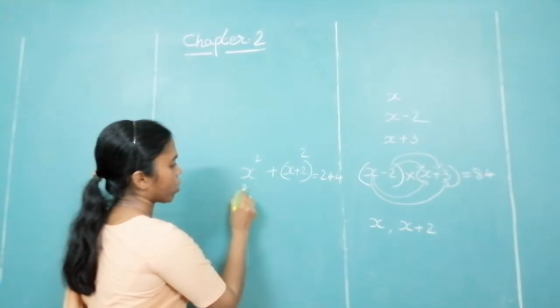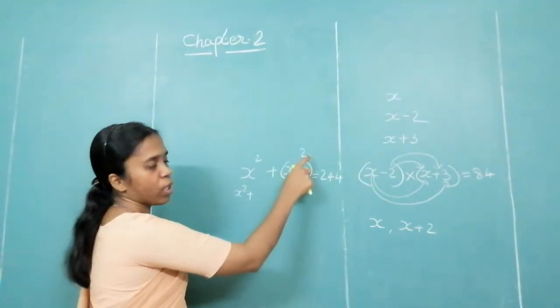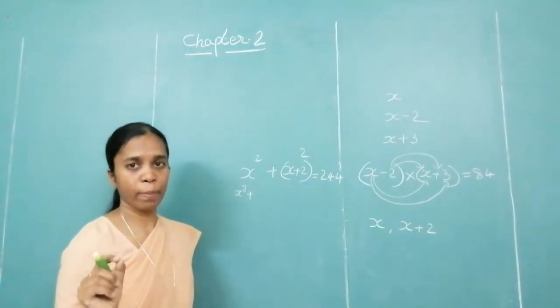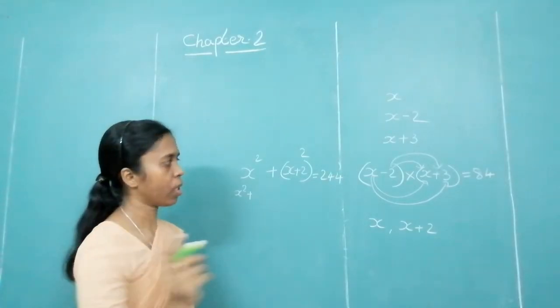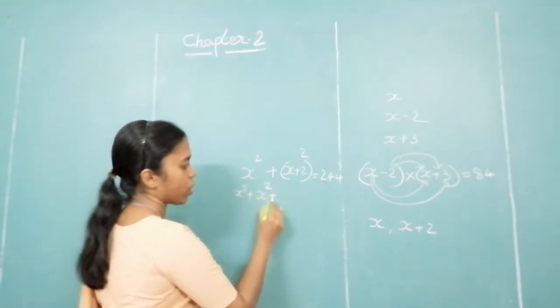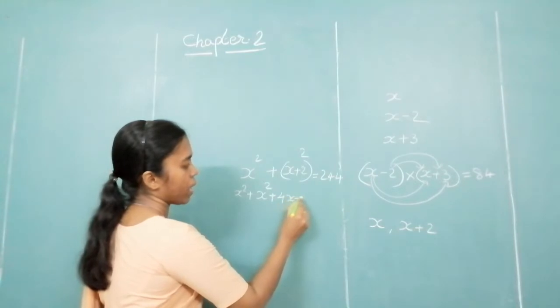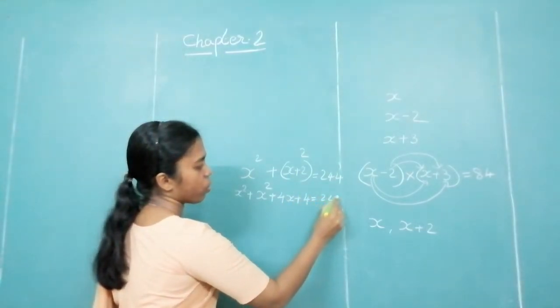You know that this is x square plus, this is in which form? a plus b the whole square is equal to a square plus 2ab plus b square. So you open in the same manner. a square means x square plus 2ab, 2 2s are 4, 4x plus b square, b square is 4, equal to 244.